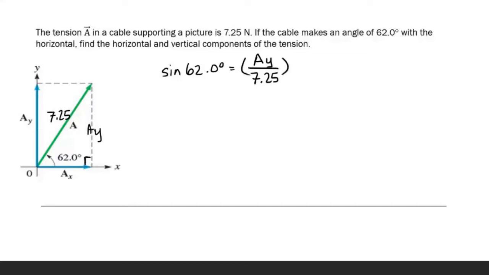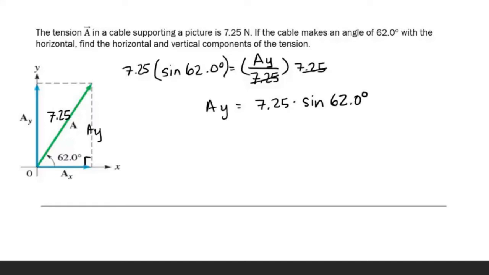All I have to do is multiply both sides by 7.25. This cancels it from the right-hand side, and we find the y component of the vector is the magnitude, 7.25, times the sine of its angle, the sine of 62.0 degrees. So in this case, the y component of the vector has a value of 6.40 newtons.